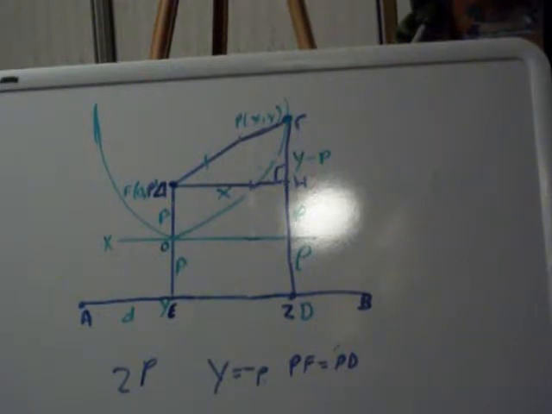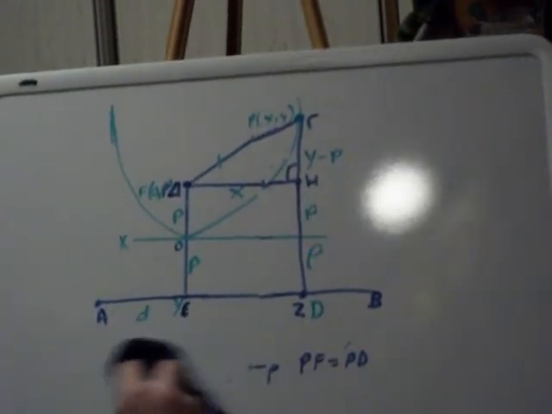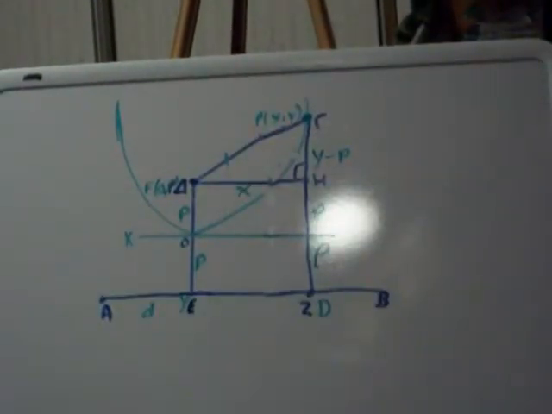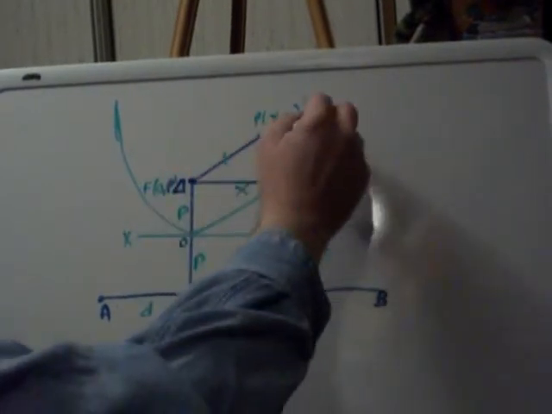Alright, so now we're going to set up the equation. So, what's the equation here? Well, we're going to erase all this out. I hope you're taking notes here because you're going to need them. So, what's the length of PF? Capital PF. That's from here to here.